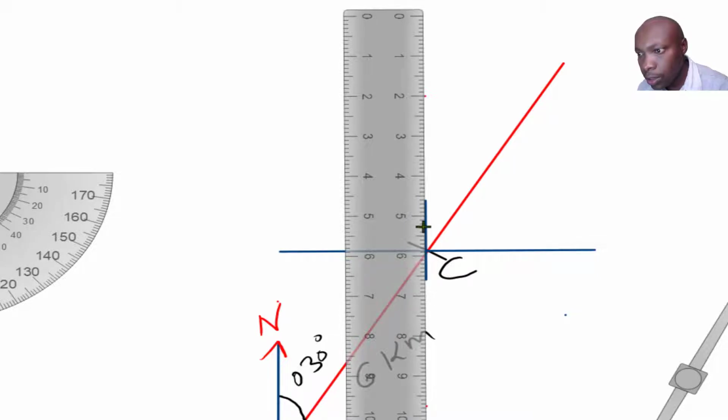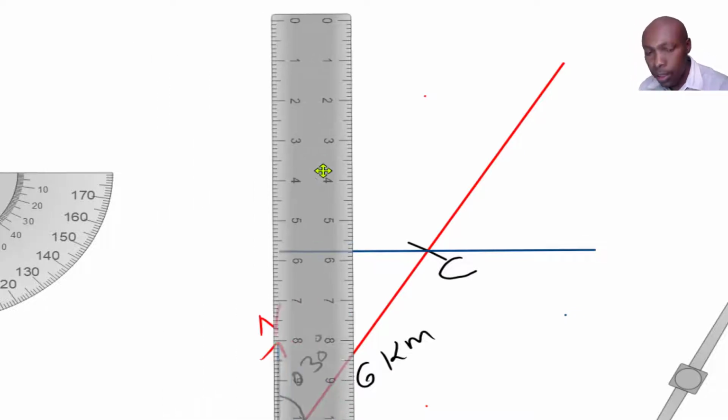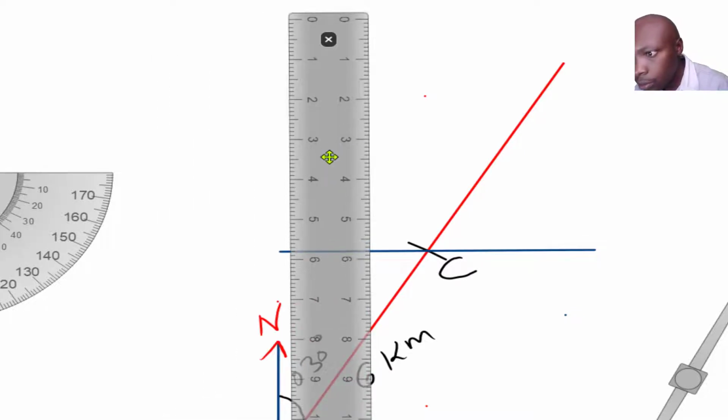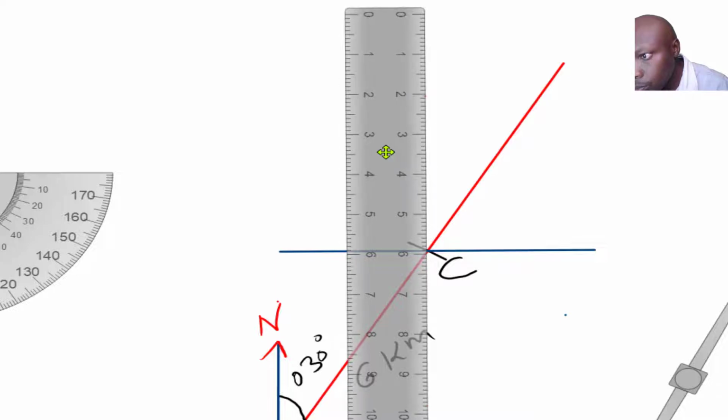So now that is the line. Let me ensure that the line is accurate. It should pass through there. Yes, that is the line.